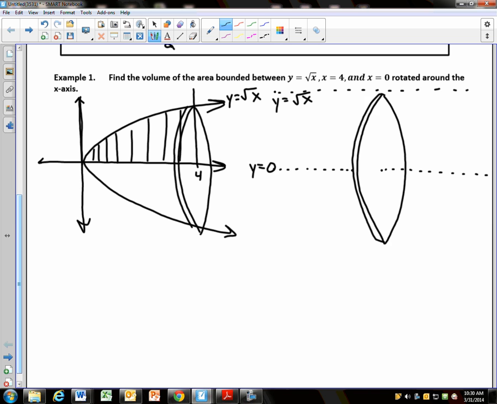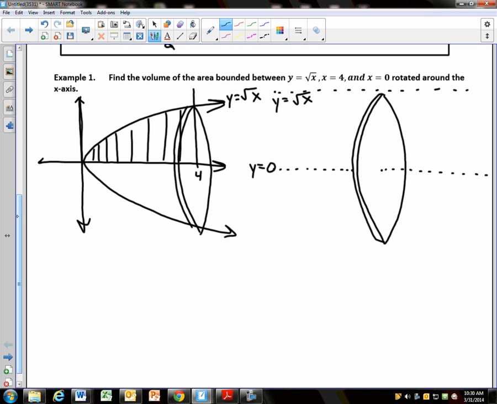And does everybody agree that the distance between the square root of x and 0 is just going to be whatever the square root of x is? I don't always have to rotate it around the x-axis. Sometimes I can rotate it around, say, y equals -1, or y equals +1, or I could rotate it around another type of line. So this distance is important to keep in mind, and that's how I always make my drawing. We have a shape that is a disk.